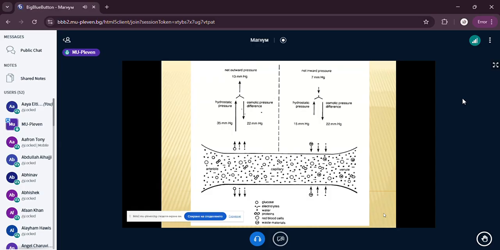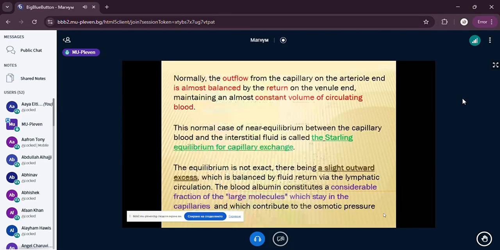And the net pressure inwardly directed of 7 millimeters in the venous part is really easily compensated by the lymphatic circulation. That equilibrium, although not exact, is termed Starling equilibrium for capillary exchange.